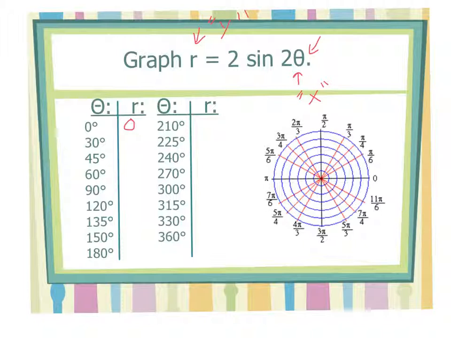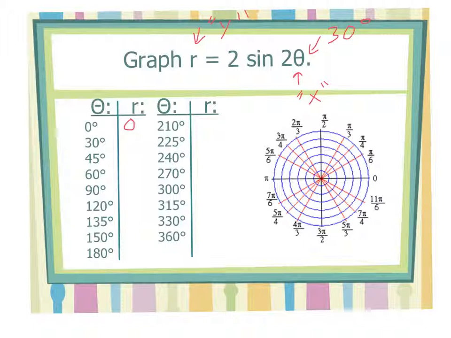Not a lot going on there. Let's look at a more interesting one. The very next one in the table. What if we substitute in 30 degrees? We multiply it by 2. We get 60. Okay? The sine of 60 degrees is 1/2. Oh, excuse me. Sine of 60 degrees, square root 3 over 2.